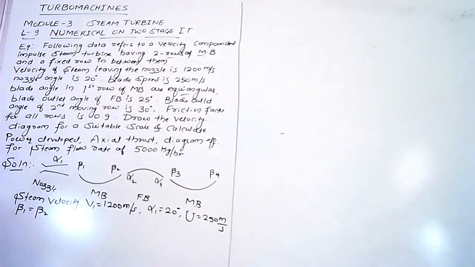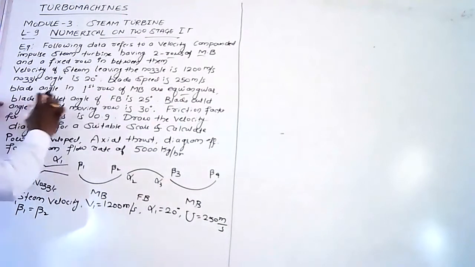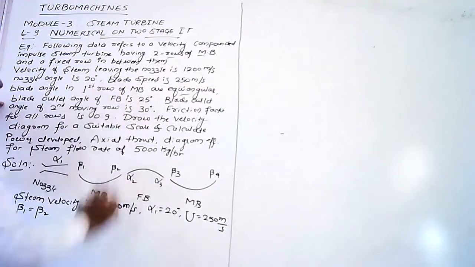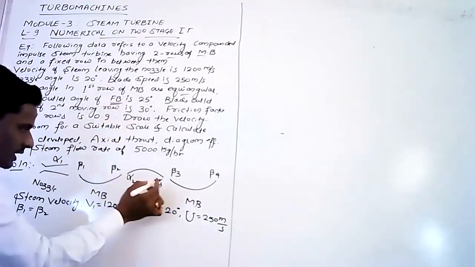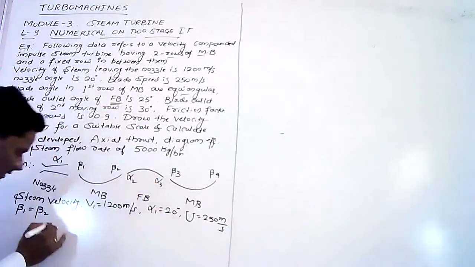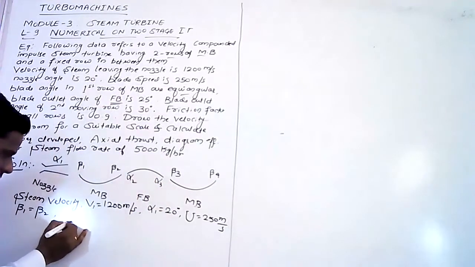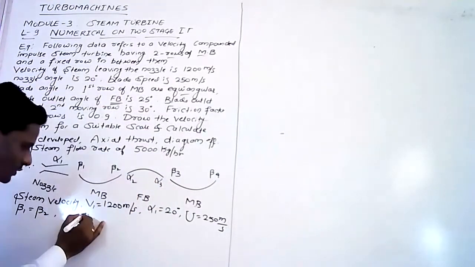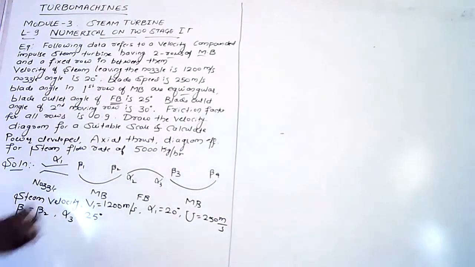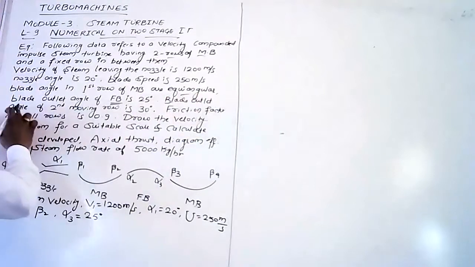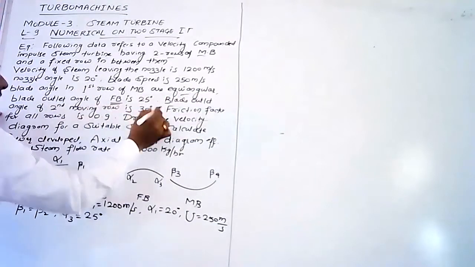Next, the blade outlet angle of fixed blade. Fixed blade is here and the outlet angle is alpha 3. So alpha 3 equals 25 degrees. Blade outlet angle of second row of moving blade is 30 degrees.